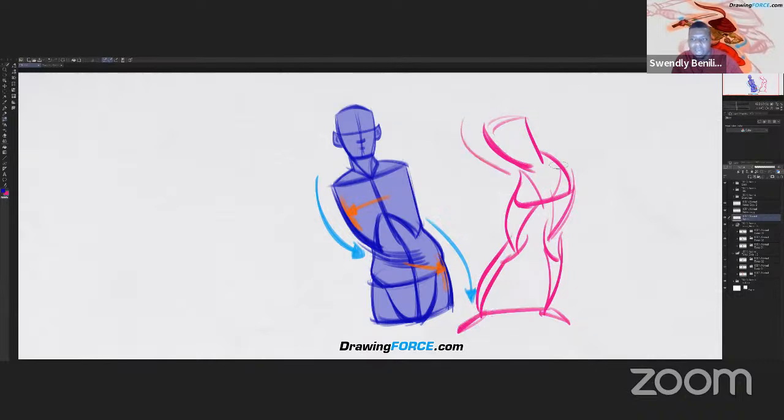Then you have that S curve rhythm, and again we have the crossing over from one side of the torso, over the stomach and into the hip. So this connection is very important. That's really what creates the idea of the letter S, this crossing over.